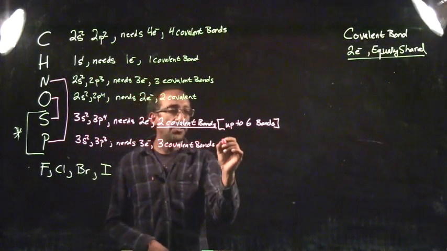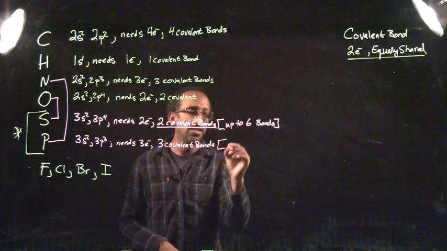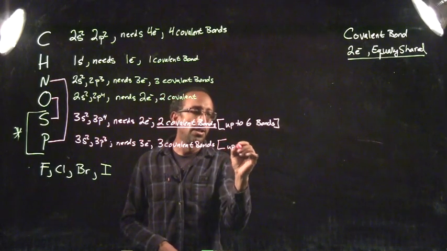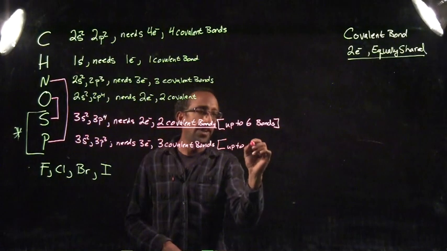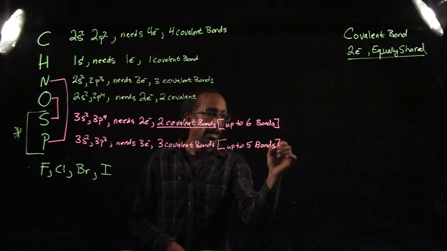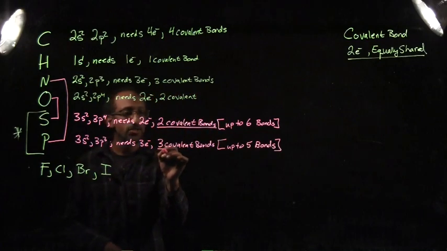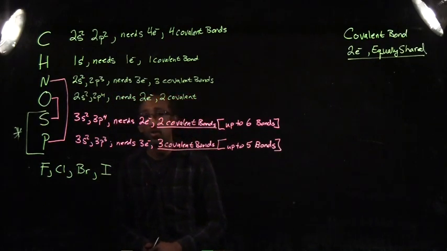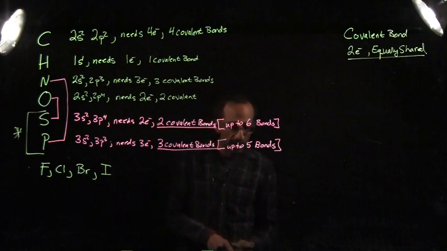But we'll see that phosphorus, like sulfur, has some special cases where it can form up to 5 bonds. And again, that's a special case, so we'll typically expect to see phosphorus only form 3 bonds.